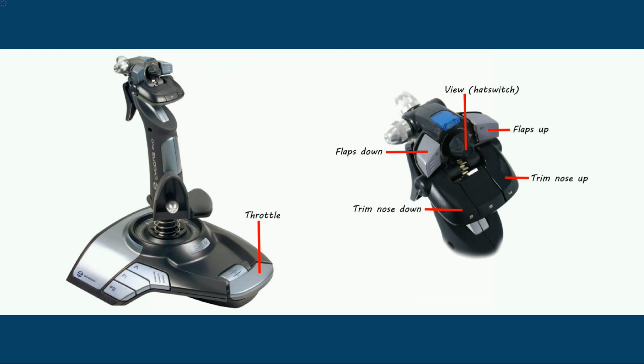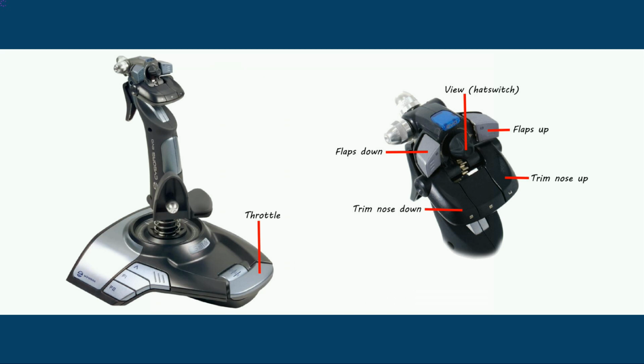The thing is that whenever you extend the flaps or click the flaps down, you immediately need to trim nose down in order to maintain the established flight path. And the other way around, if you retract the flaps or move the flaps up, then you need to pull the nose up or trim the nose up to maintain the established flight path.